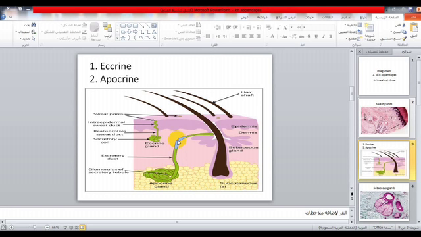It's a stratified cuboidal epithelium made up of two layers: cells of the basal layer and cells of the luminal layer.